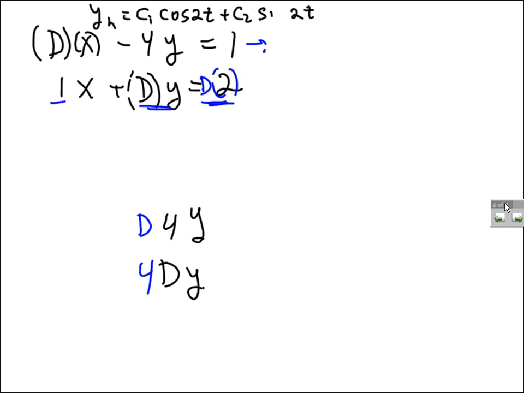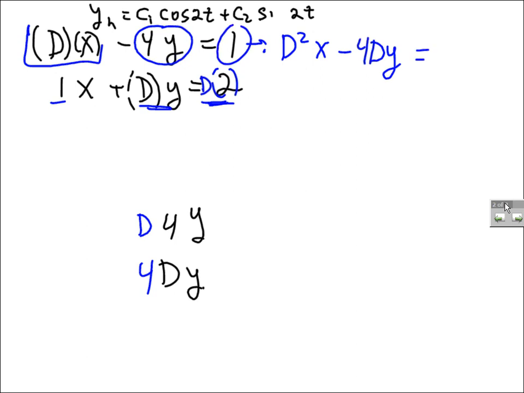You multiply the top by d. I'm going to do d of that, and I'll get d squared x minus, I'm going to multiply that by d, and when I multiply that by d, that is when I take the derivative of 1 and get 0. In the bottom, I multiply by 4.